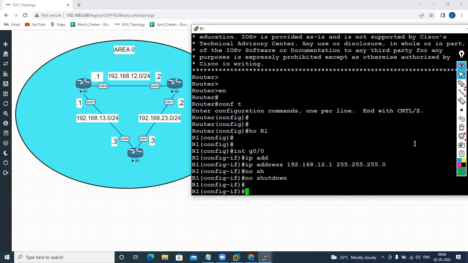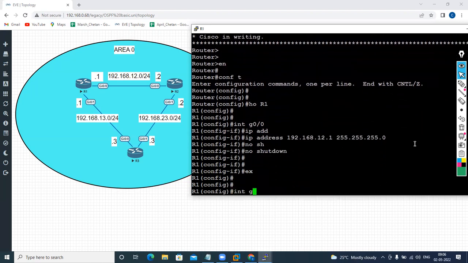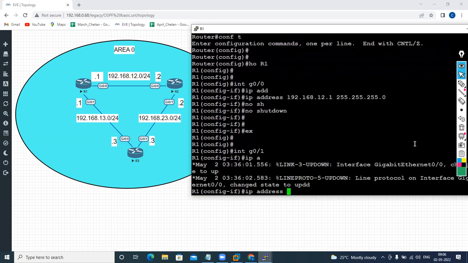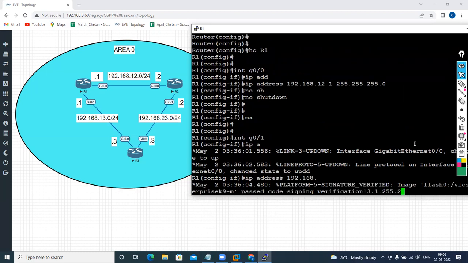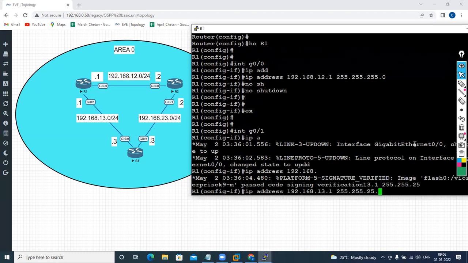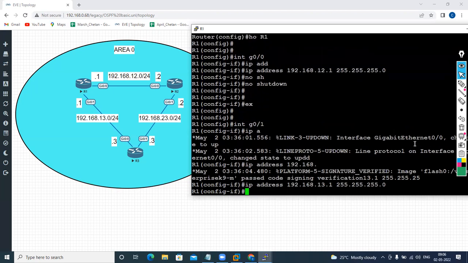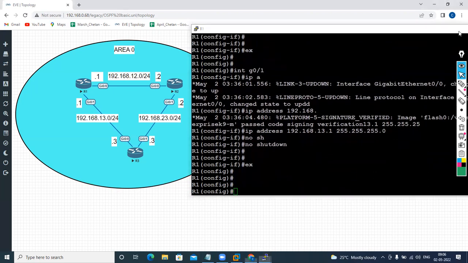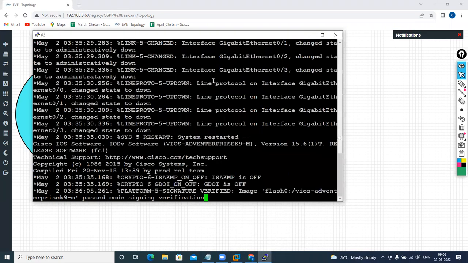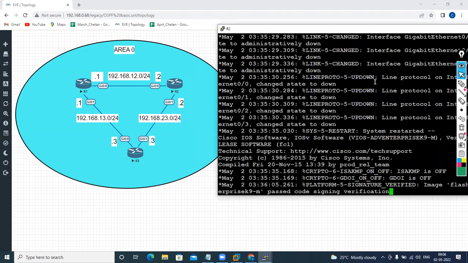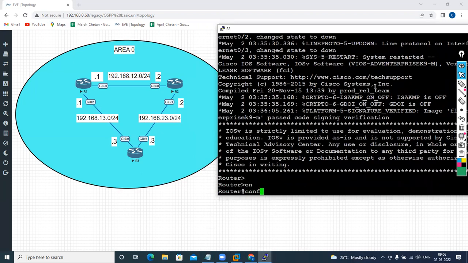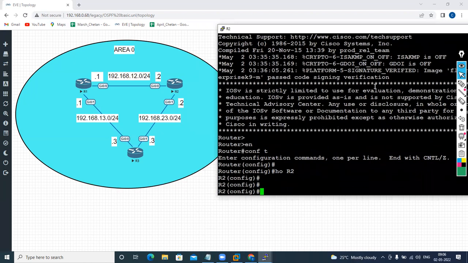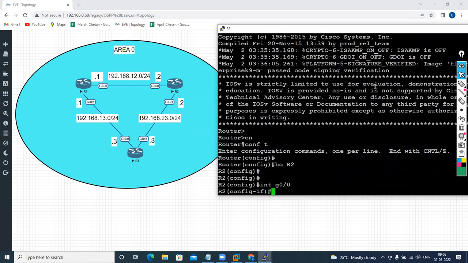Interface 0/1. IP address will be 192.168.13.1/24. On R2, 0/0.